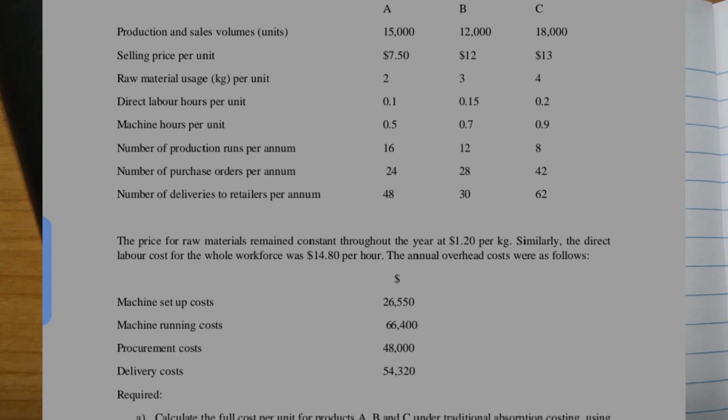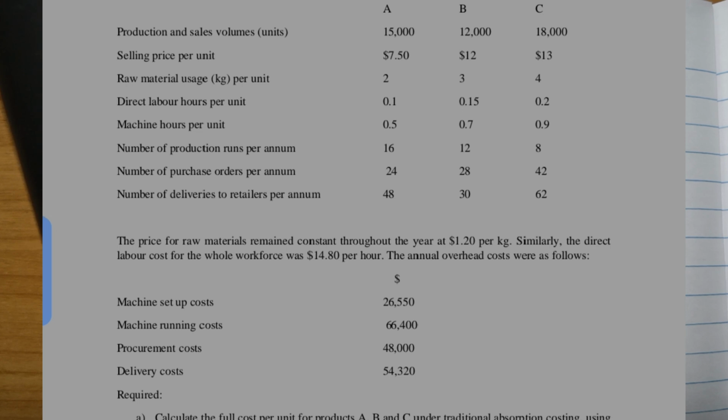If you look at the question very well, you realize that with delivery cost, we have the number of deliveries to retailers. And with procurement cost, it deals with purchases, so number of purchase orders per annum. Those are the cost drivers, along with the number of production runs and the machine hours, which could also be a cost driver.